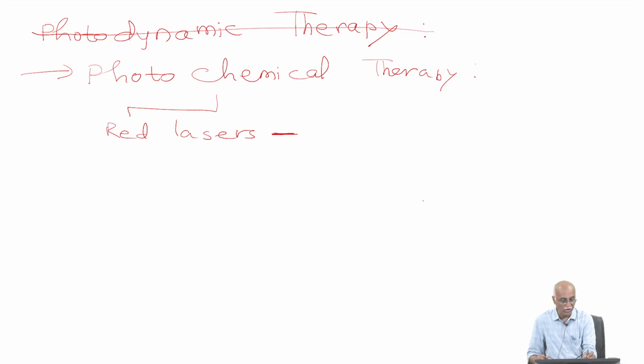That oxygen acts as a toxicity which will remove some of the cells. So, the idea is to selectively produce such an effect on undesirable cells or malignant tissues. So, how is it done?